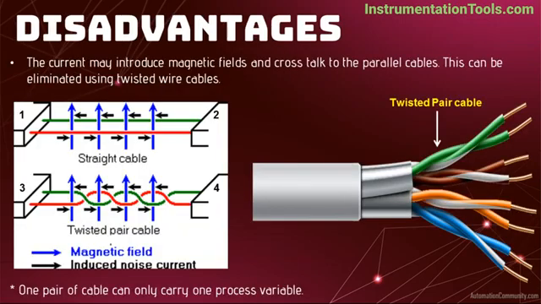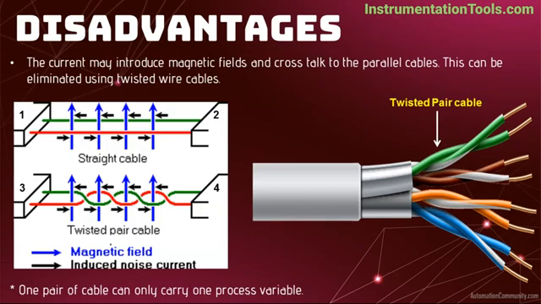We have two disadvantages. The first one is, the current signals may induce small magnetic fields in the straight wires. This magnetic field may affect the current signals traversing in the wires. To avoid this problem, we use twisted pair cables. We need a minimum of 2 cables, means 1 set of pair.